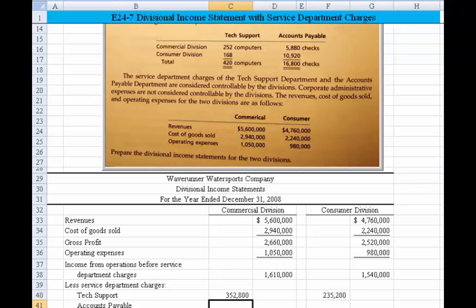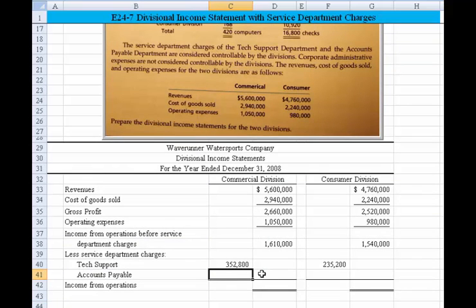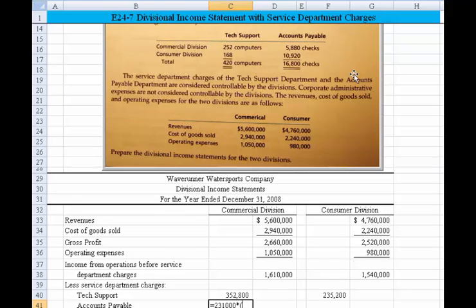Now accounts payable is the same kind of approach, only now we need to allocate it based on the checks written. The total amount to allocate was how much? We'll go look. It's 231,000. Times, let me slide back up so we can get it all there, 5880 divided by 16.8.